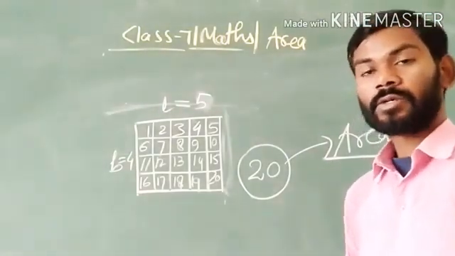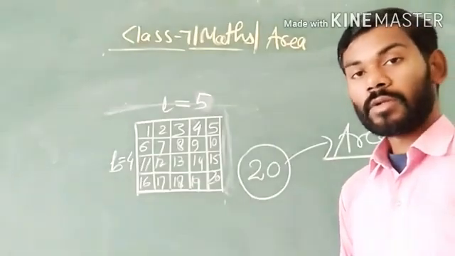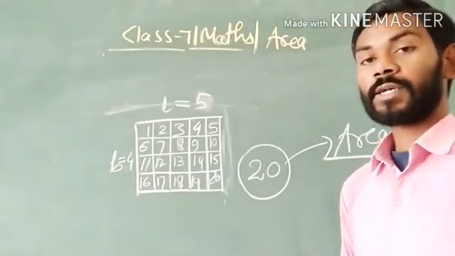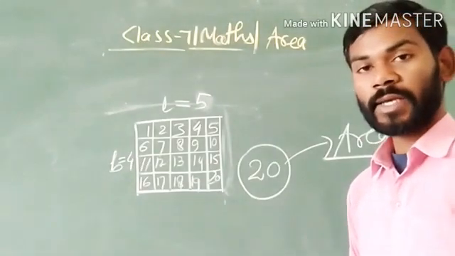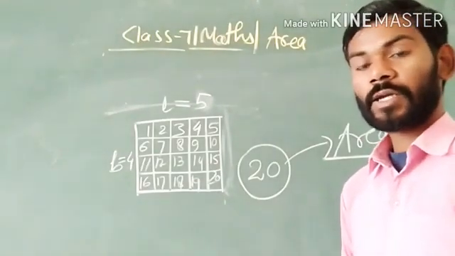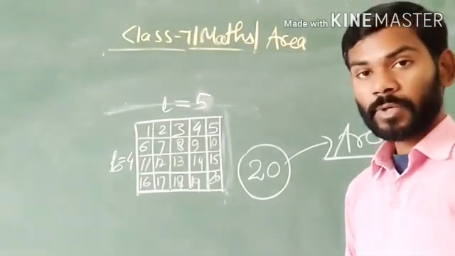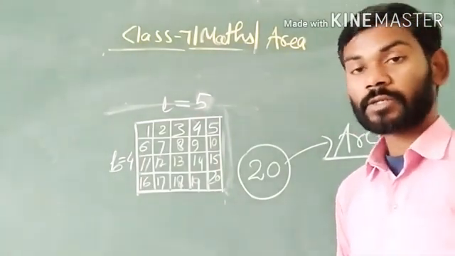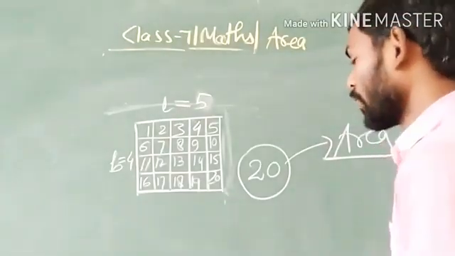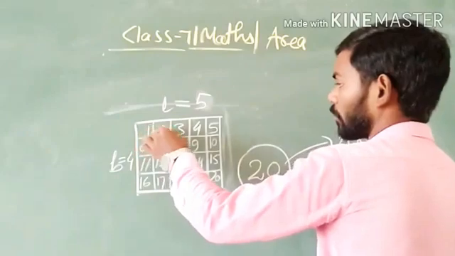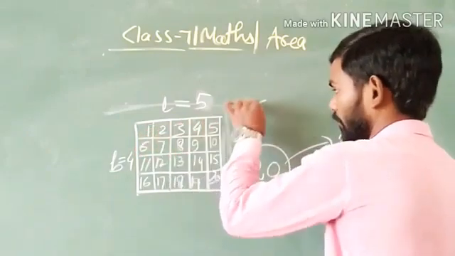Okay. But later it has been seen that by just counting the squares along the length and the squares along the width and multiplying their numbers, we can also get the same result. So if we count the squares along the length, we get 1, 2, 3, 4, 5.